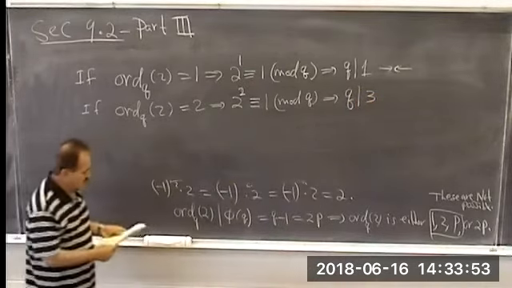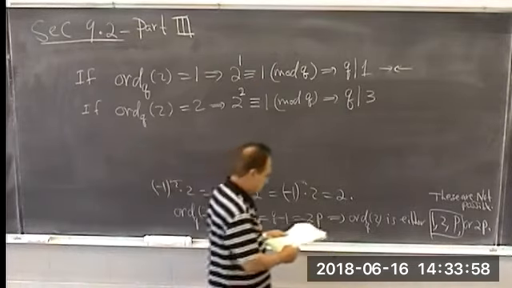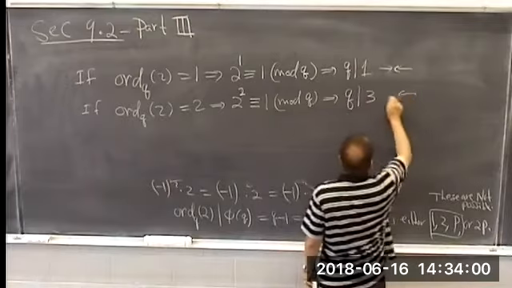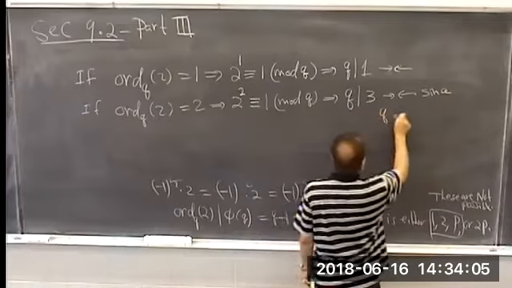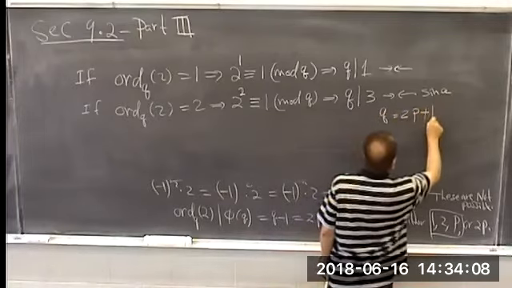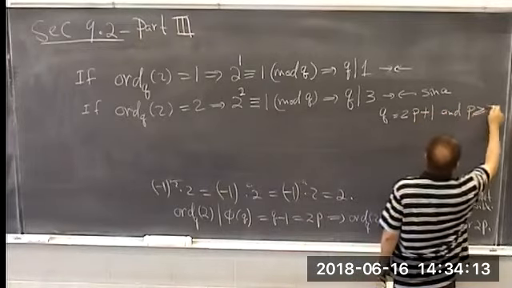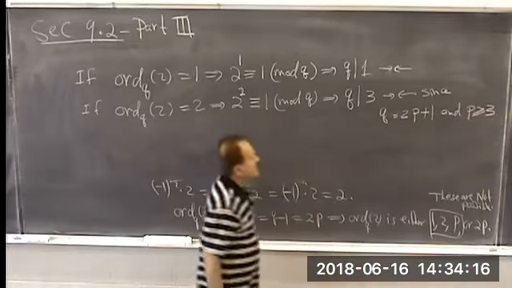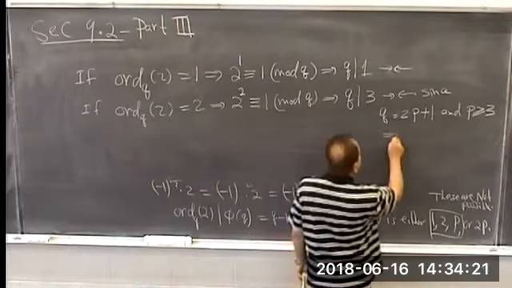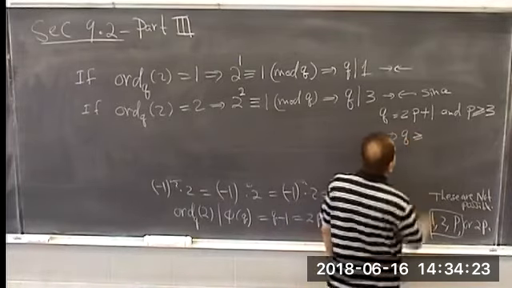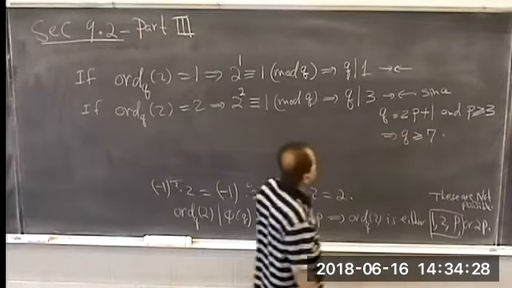But again, this is a contradiction since q is equal to 2p plus 1 and, because it's an odd prime, it must be bigger than or equal to 3. In other words, q is going to be bigger than or equal to 7.